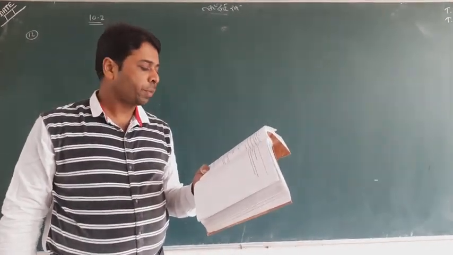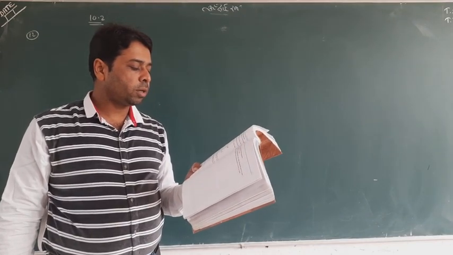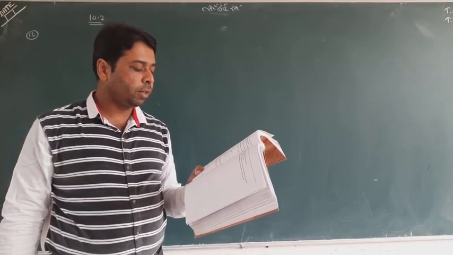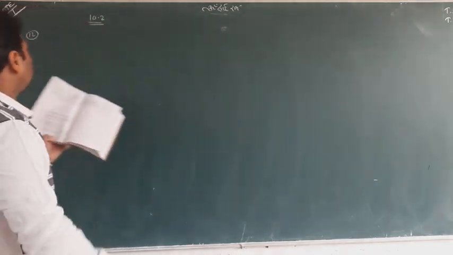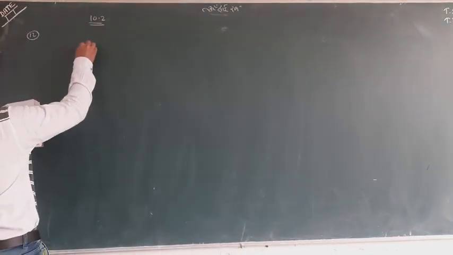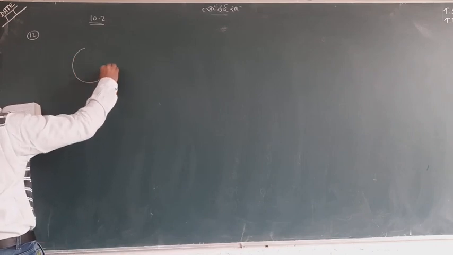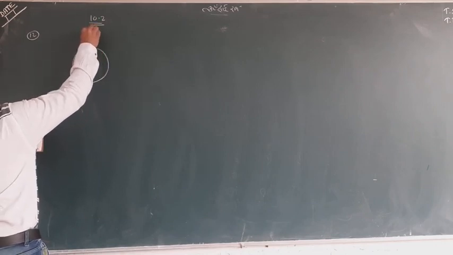A triangle ABC is drawn to circumscribe a circle of radius 4. You can see the picture is already given. A triangle which is circumscribed about a circle like that.